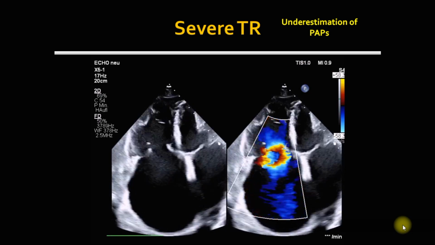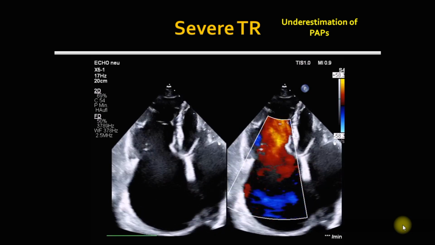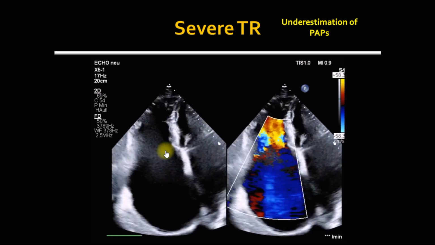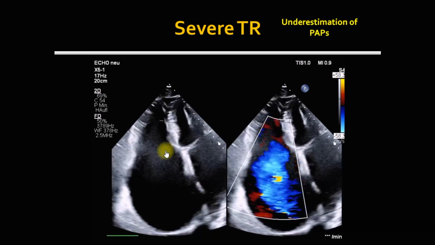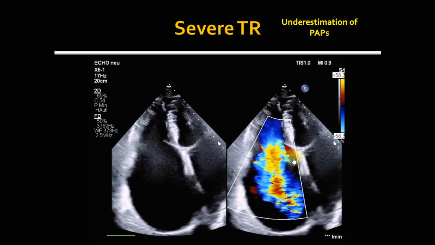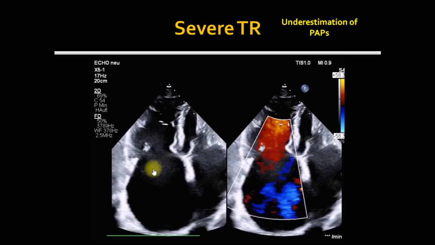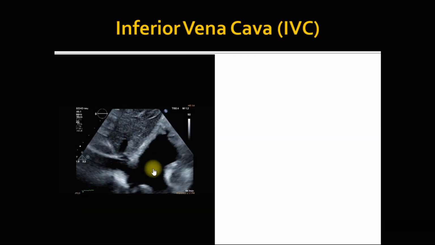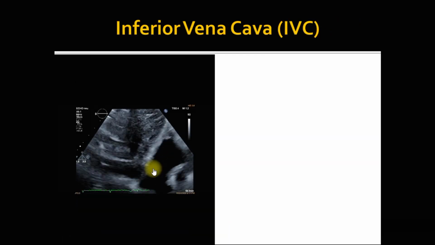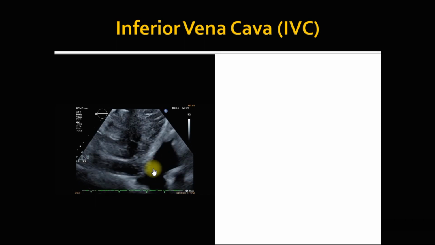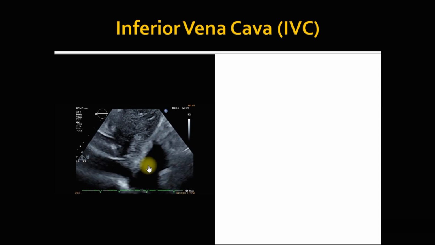That means when the patient has a very severe tricuspid regurgitation with coaptation defect, we can't estimate the pulmonary artery systolic pressure accurately. I have shown how to measure the tricuspid regurgitation Vmax, then how we can get the second part of the equation, how we can estimate the right atrial pressure.